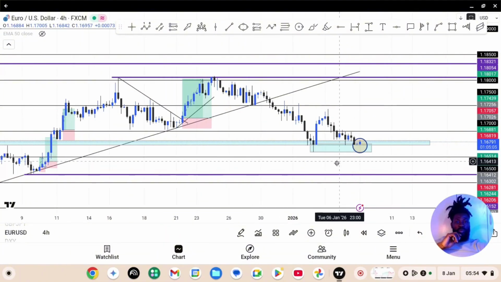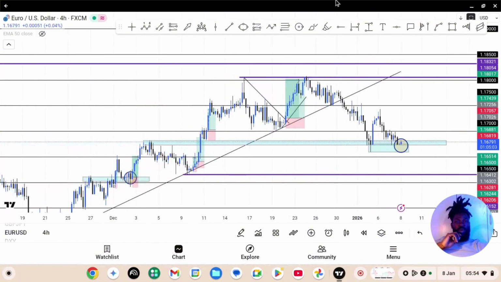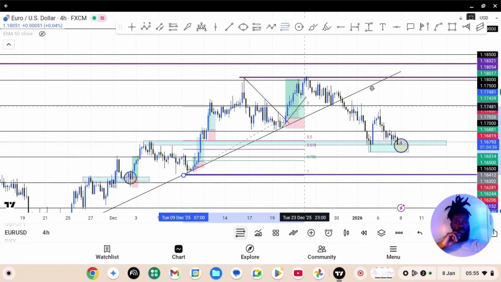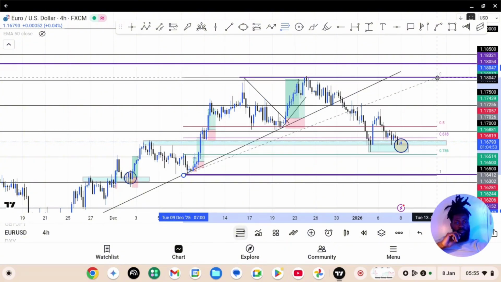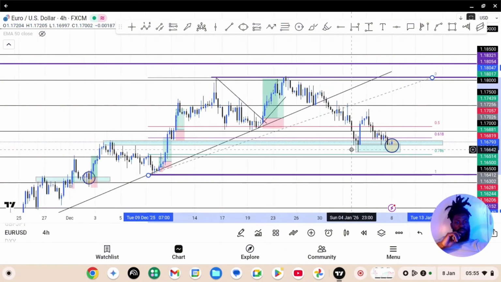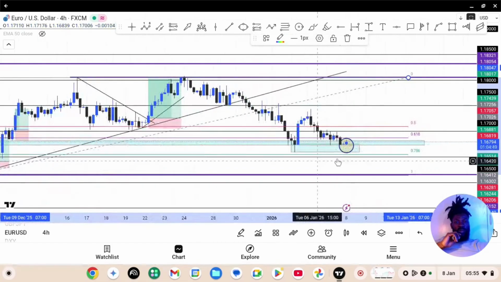What we do next is take our Fibonacci from this swing low, which is the support level, to the swing high, which is the resistance level. As you can see, we are in our discount area already, which is the 0.78 level, and we can see buyers are here at this place.